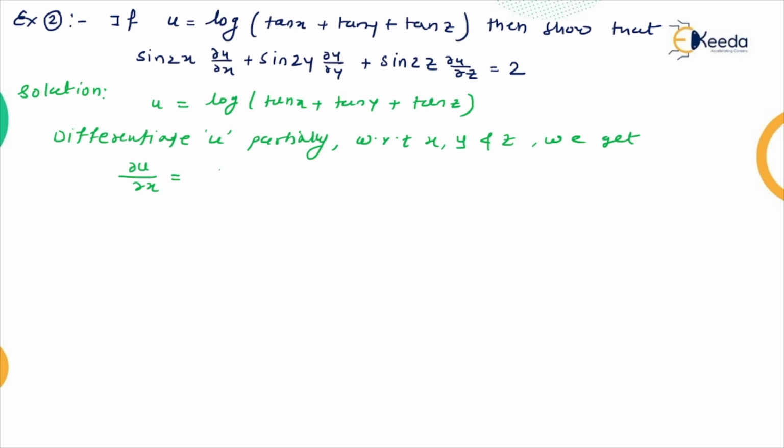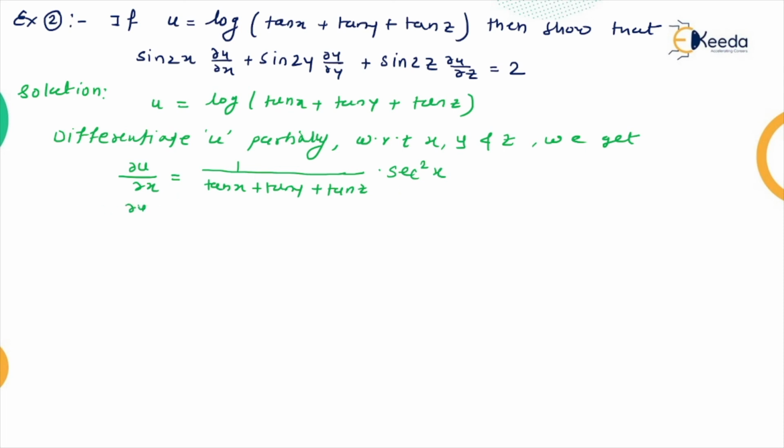The differentiation of log means 1 upon this bracket as it is, that is 1 upon tan x plus tan y plus tan z, into the derivative of the bracket. We differentiate only with respect to x, keeping the other variables constant, so tan y is a constant and tan z is a constant. Only the derivative of tan x is written, and the derivative of tan x is sec square x.